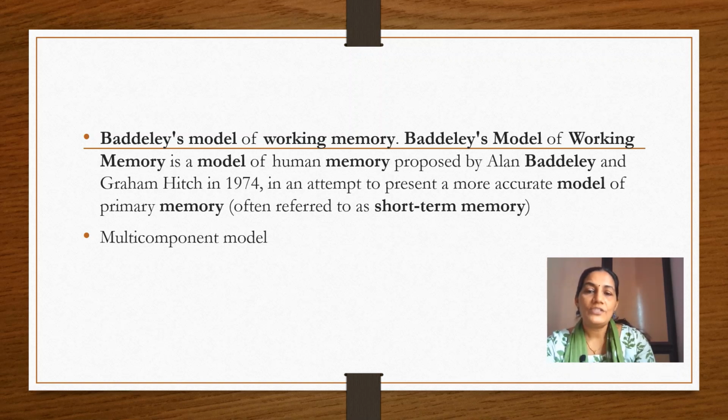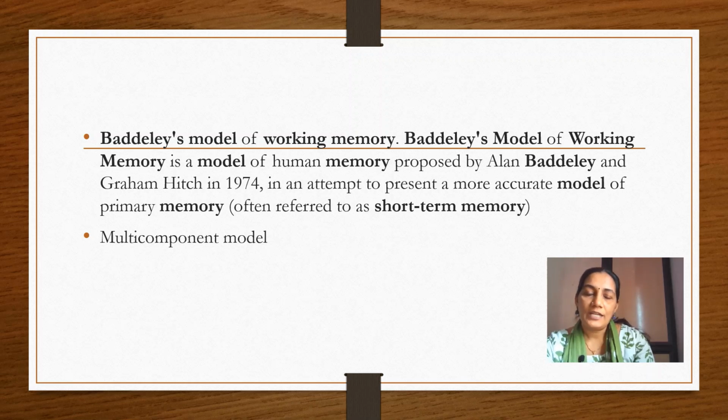So the memory which helps an individual to be present is known as working memory, and it is also a short-term memory. The important model of working memory was given by Alan Baddeley and Graham Hitch in 1974. It is the original model of working memory.